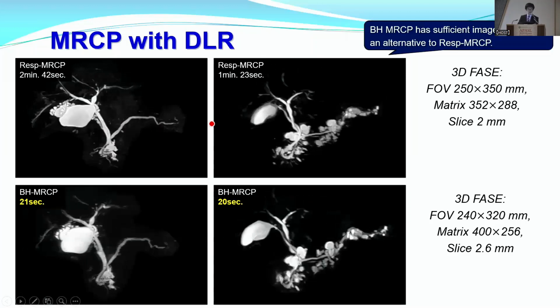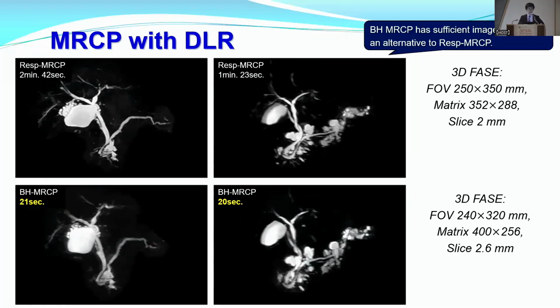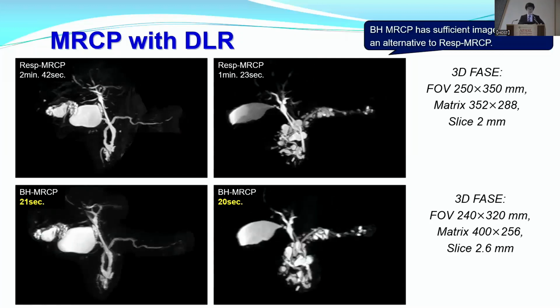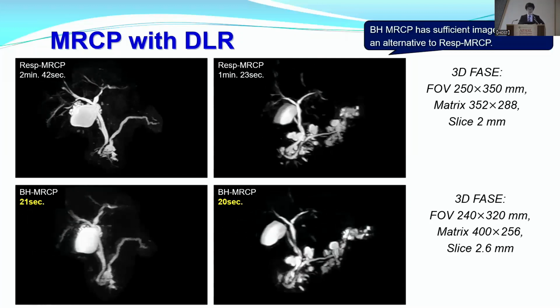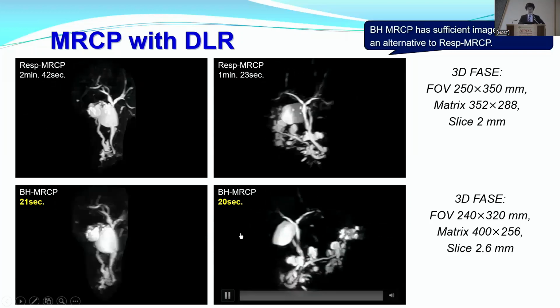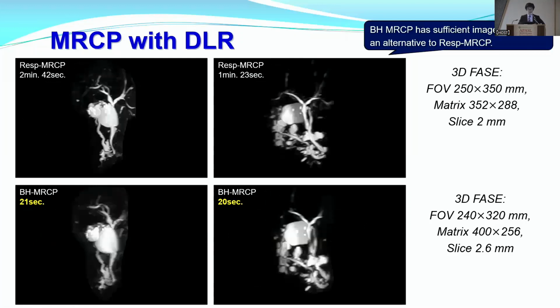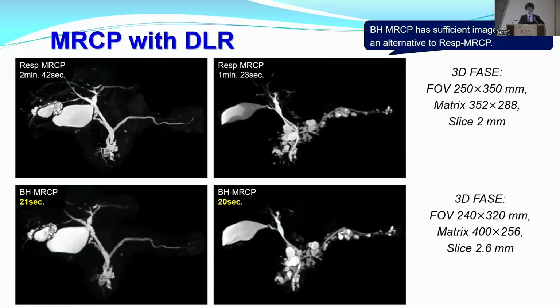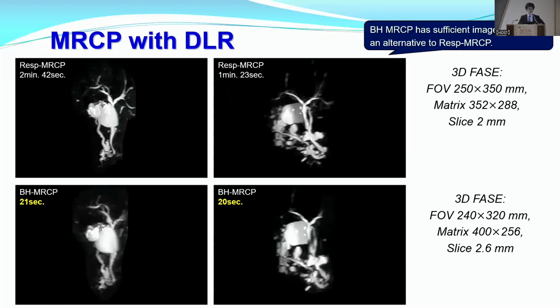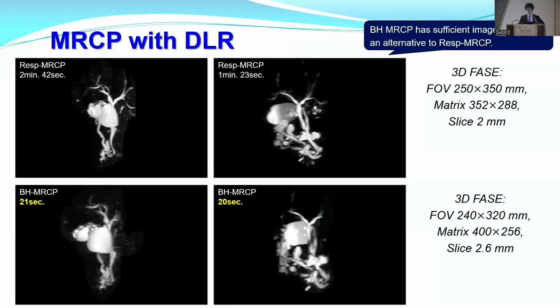When successfully acquired, respiratory triggered MRCP has better image quality compared with the breath hold MRCP. However, the breath hold MRCP has sufficient image quality as an alternative to respiratory triggered MRCP when the patient condition is poor with unstable respiration.